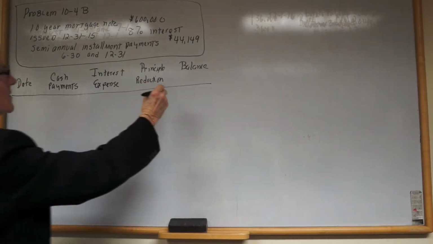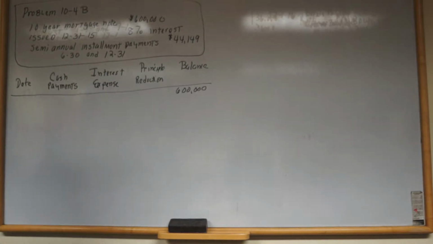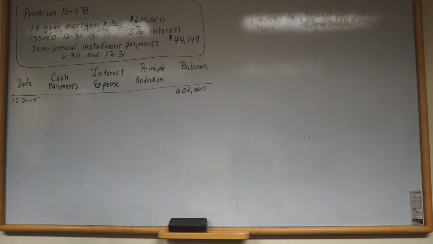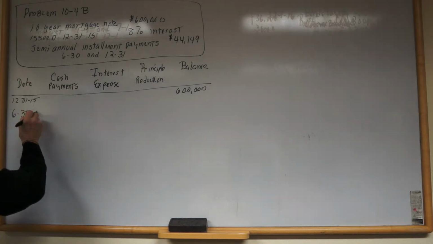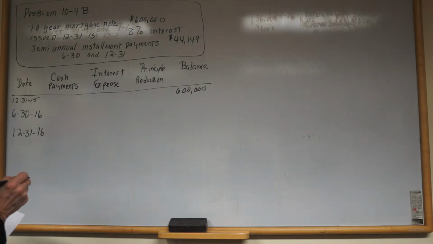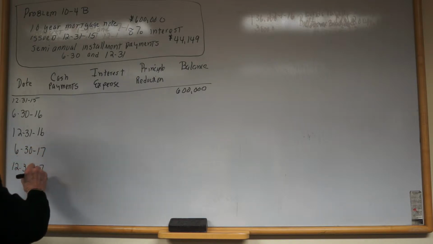Our balance to start off is we owe $600,000. Okay? And that's at 12/31/15. So then the next thing we know is that we've got 4 interest payments that we're going to do a schedule for, and they're 6/30/16, 12/31/16, 6/30/17, and 12/31/17.